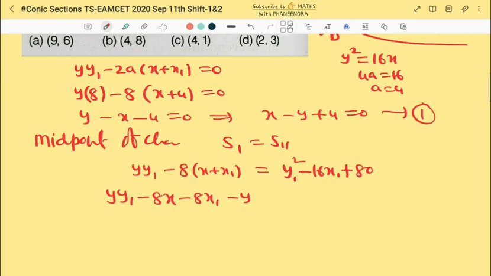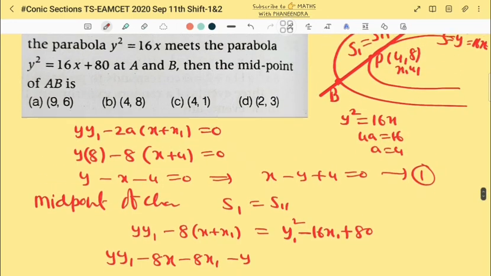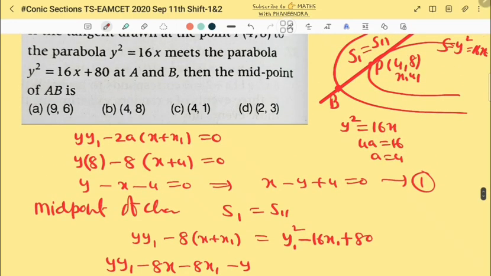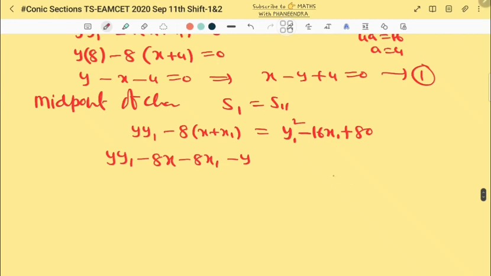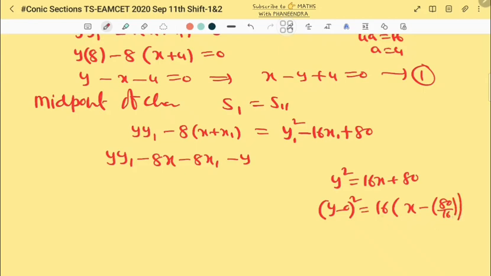Here also a value is from 16. For this equation, y square equal to 16x plus 80 is there, na? Here the 4a value is different, dear students. Why? Because the parabola equation is y square equal to 16x plus 80. So y minus 0 whole square, we can write 16 take common, x minus of minus 80 by 16. So this is 4a. 4a is equal to 16 here also, a value 4, okay.